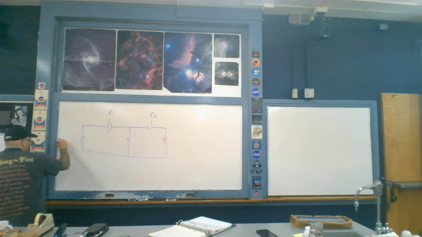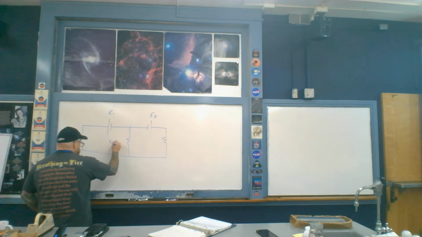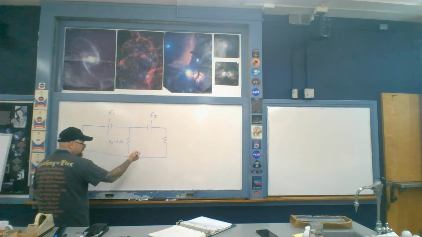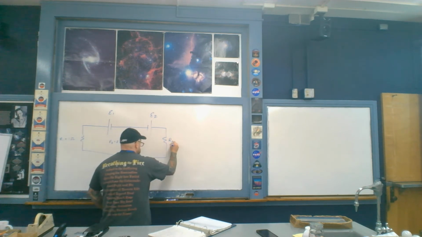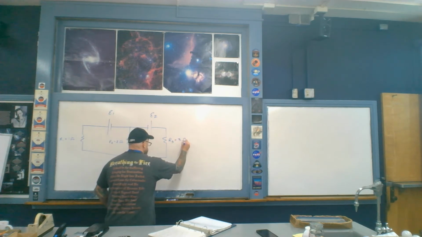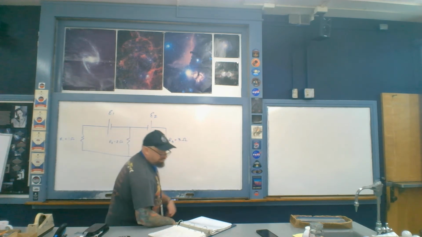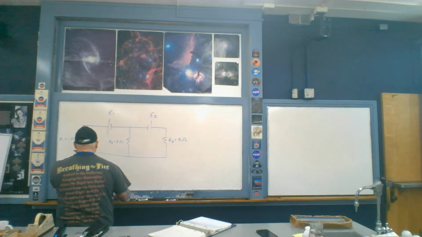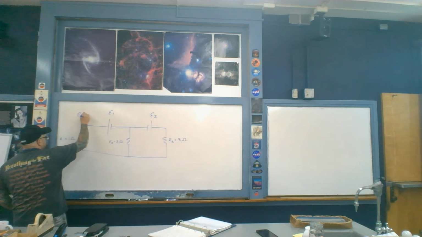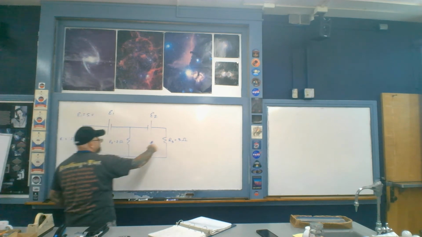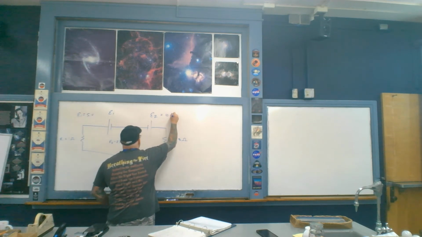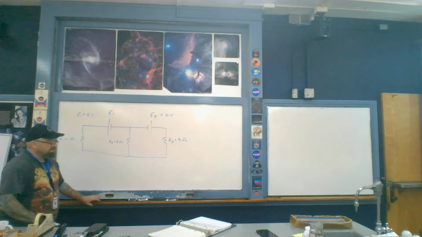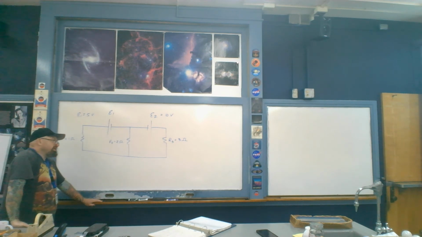This is R1, 1 ohm, R2, 2 ohms, and R3, 3 ohms. And then I've got my 2 EMFs here. They are 5 and 10 volts respectively. This right here is 5 volts. This right here is 10 volts.